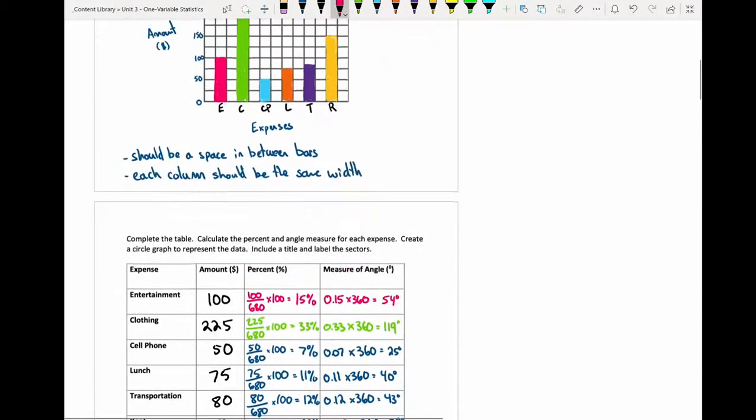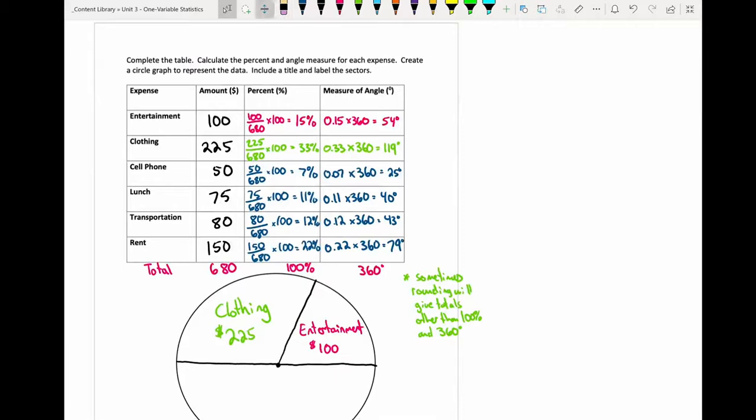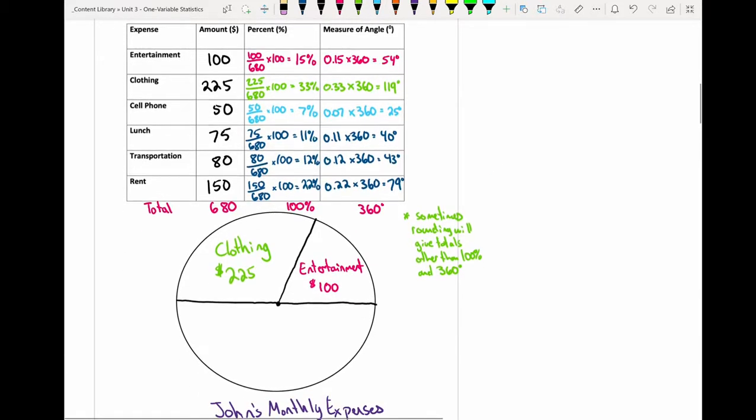Our cell phone was light blue. So again, that I'll put over here. Again, where you put them isn't really too much of a big deal, as long as you're getting your angles correct. So the cell phone, or $50.